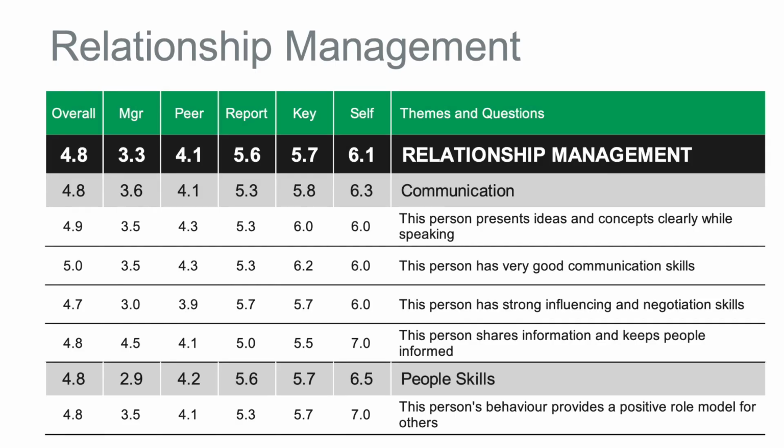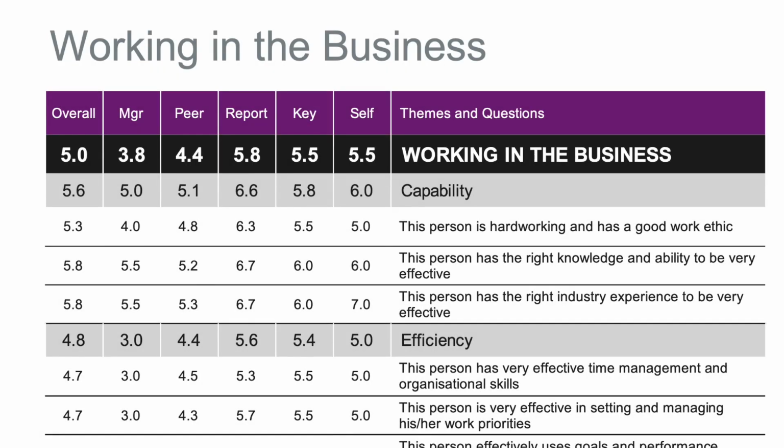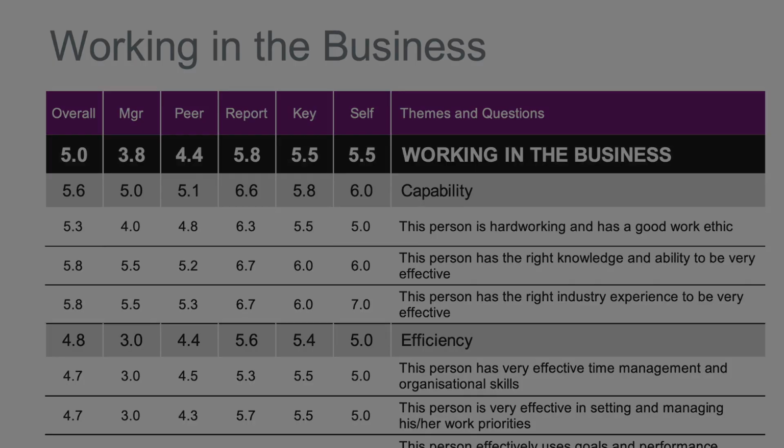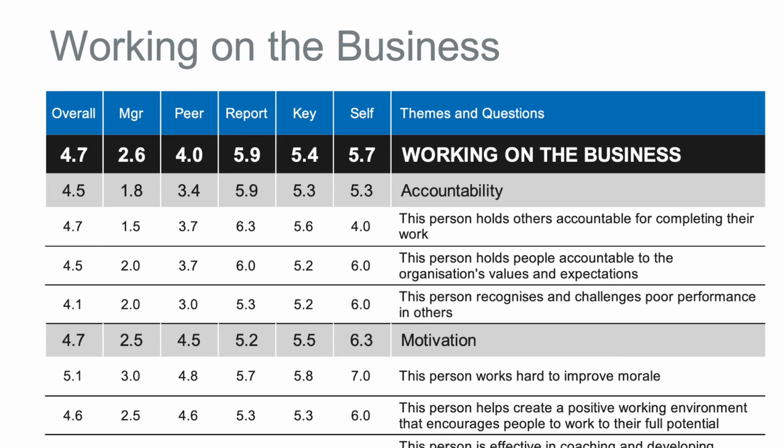I follow the same pattern all the way through the various subsets, moving from self-management, relationship management, working in the business where no surprises is his gold star, and working on the business, where again there are significant differences between the rater groups. I'll draw this one out as an example.